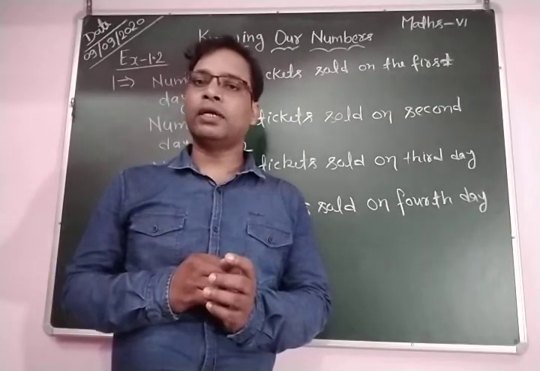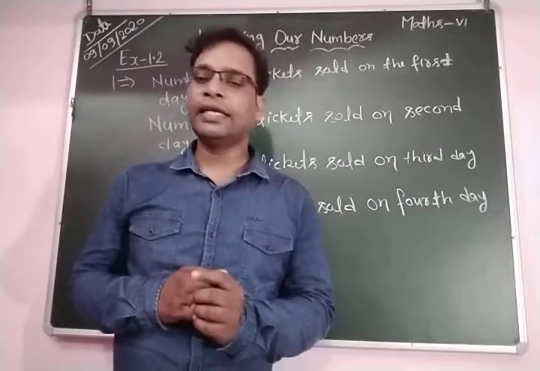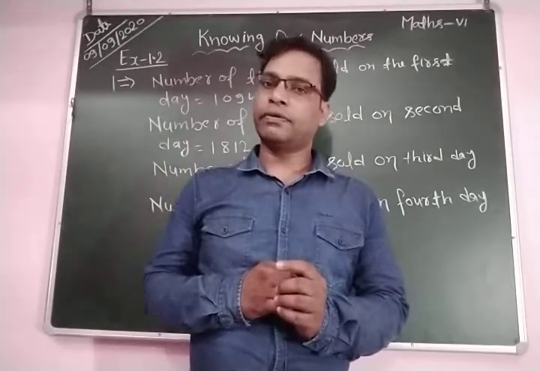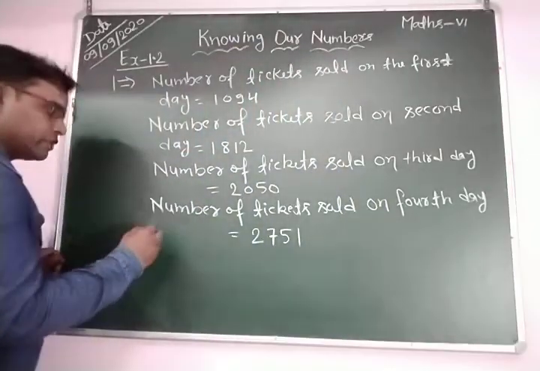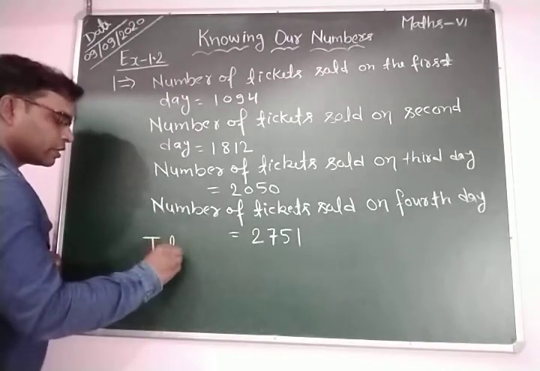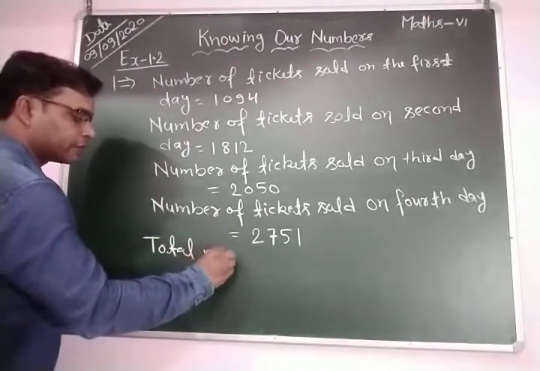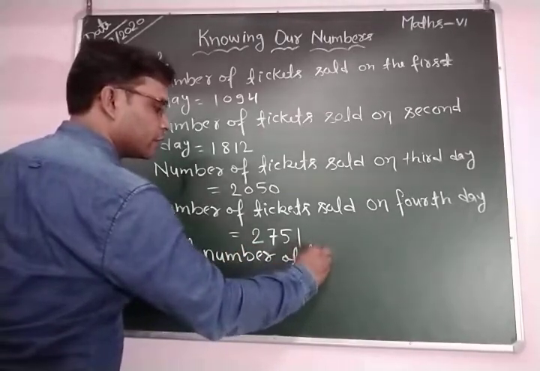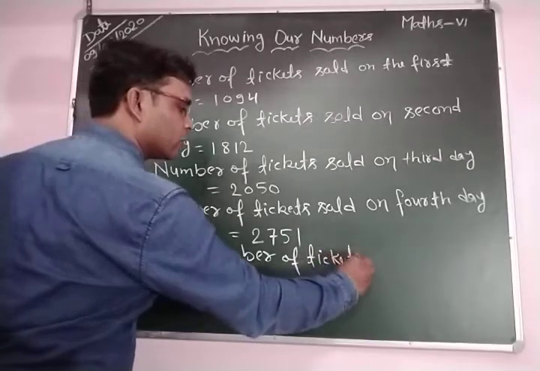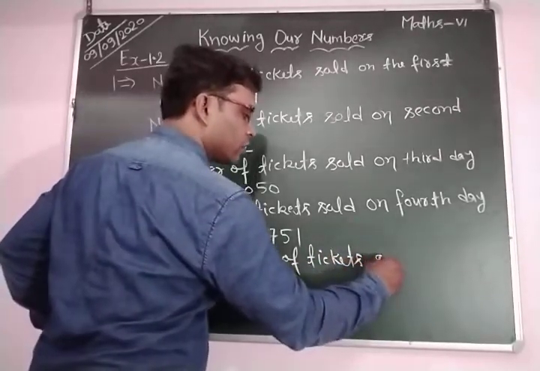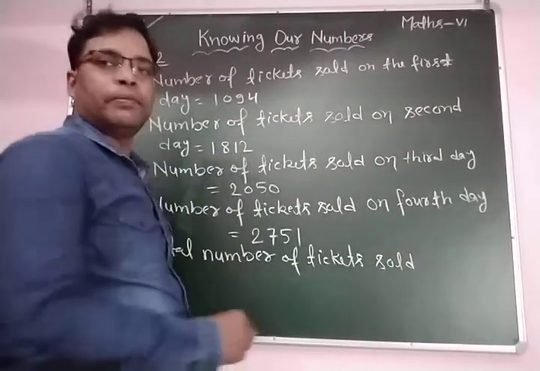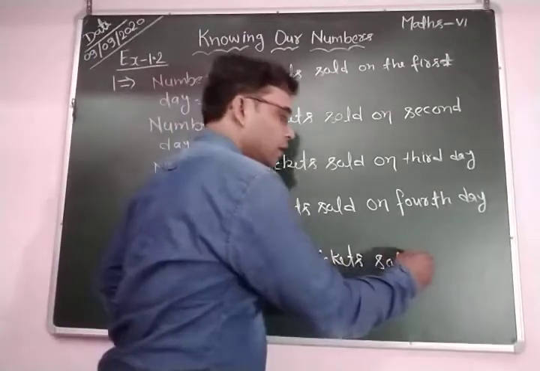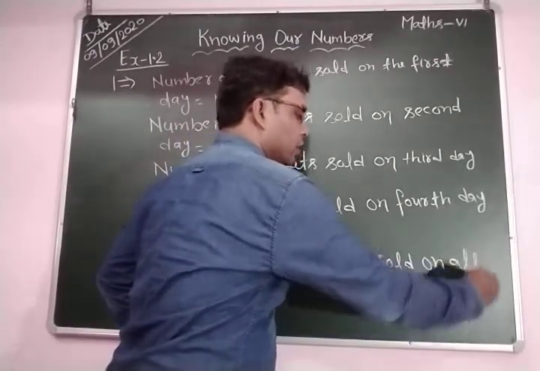What we need to find here is the total number of tickets sold on all the 4 days.